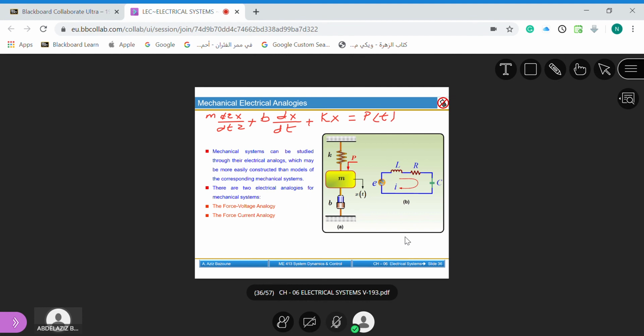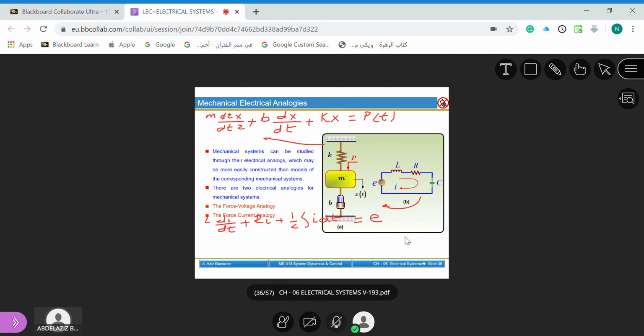This is for the mechanical system. For the electrical system, we can write it like this: L di over dt plus the resistor, Ri, plus 1 over C integral of i dt is equal to Ei. This is the electrical circuit.